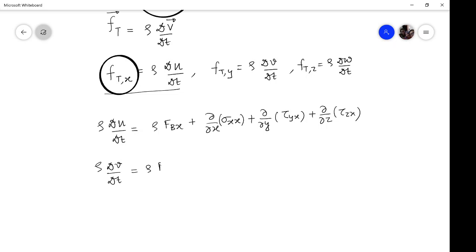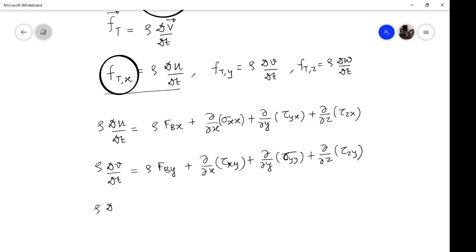first the body force and then the surface forces plus del by del y sigma yy plus del by del z tau zy.